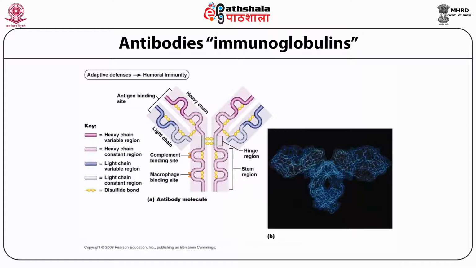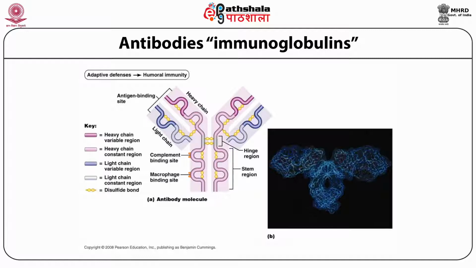I already told you how the B cell produces antibody molecules, and in this class I am talking about the structure of the antibody molecule, how the structure was elucidated, what the various types of immunoglobulins are, and how they are involved in various effector functions of the immune system.